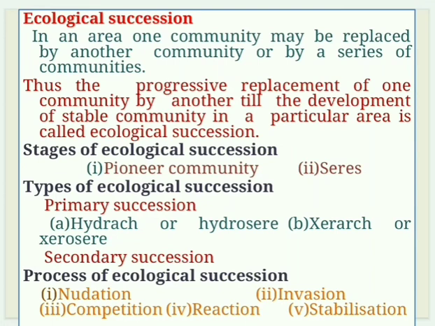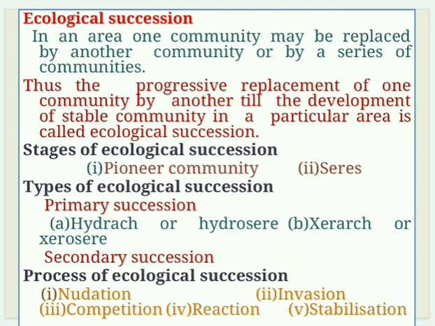The first establishment of a biotic community is primary succession. It can be either a hydrarch or a xerarch. Hydrarch or hydrosere means water related things. Then xerarch or xerosere relates to desert. So either hydrarch or xerarch are the two primary succession areas.